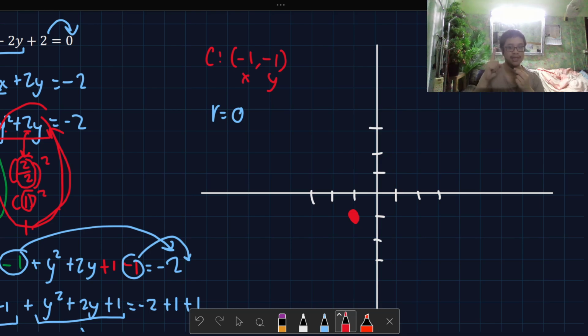Two, make sure that your r squared is greater than 0. Otherwise, the graph will not be a circle. These are the two main points for you to know whether it is a circle or not.